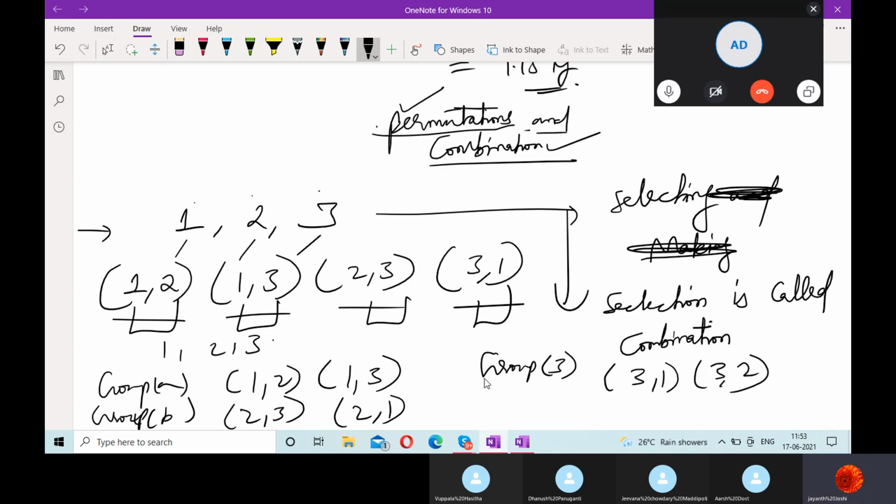I am making different groups. For making these groups, I am selecting numbers from the given numbers. That's called selection, and selection is called combination. Just selecting.